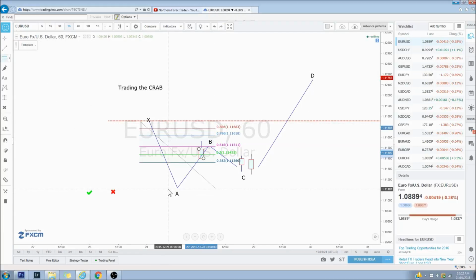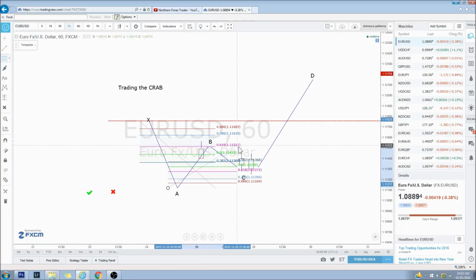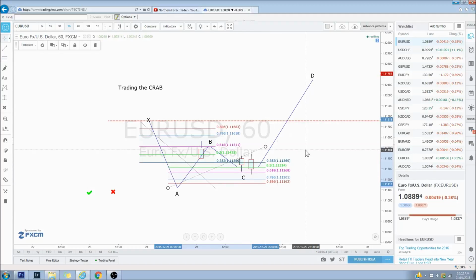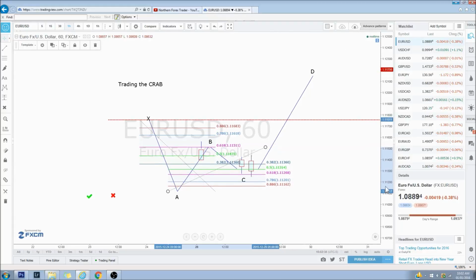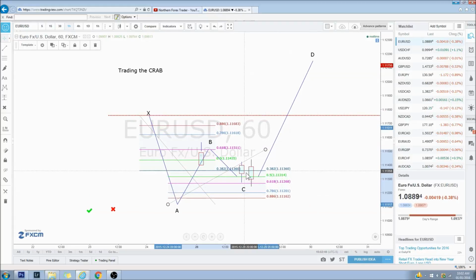Criteria number 2 is going from the A point to the B point. And let's move it out here so we can see the numbers. Just like the other patterns, we follow more the body on the C point. The B points are more the wicks, C points are more the body.